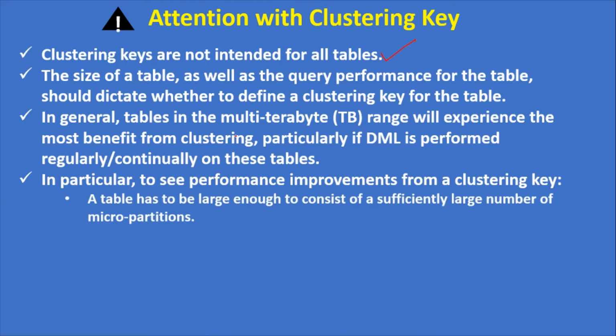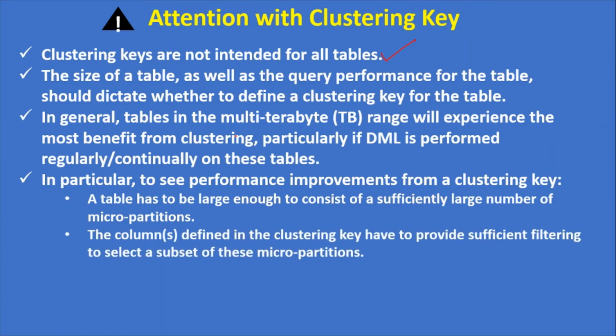In particular, to see the performance improvements from the clustering key, there are a few things. A table has to be large enough to consist of a sufficiently large number of micro-partitions. Second, the columns defined in the clustering key have to provide sufficient filtering to select a subset of these micro-partitions. What does that mean? Suppose you have an orders table or sales table.